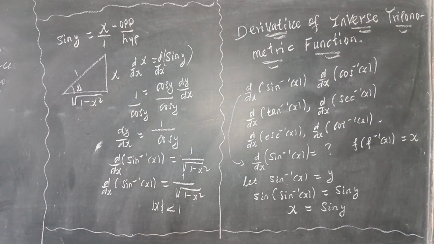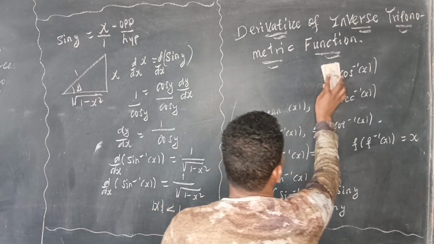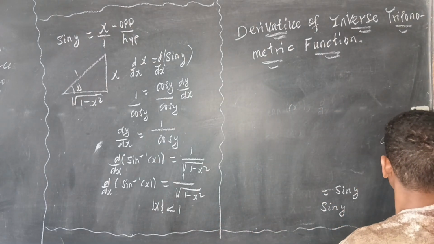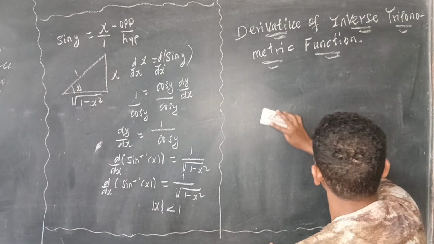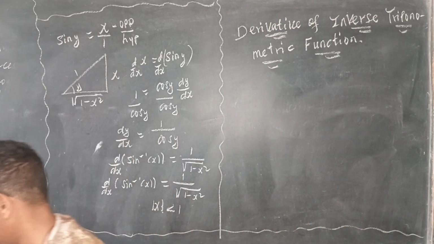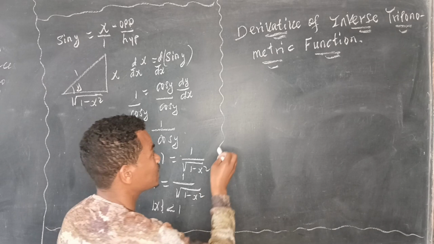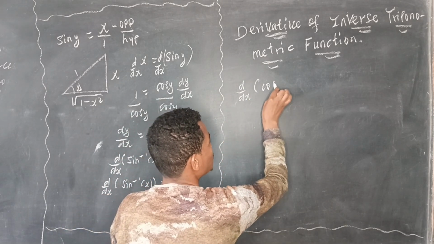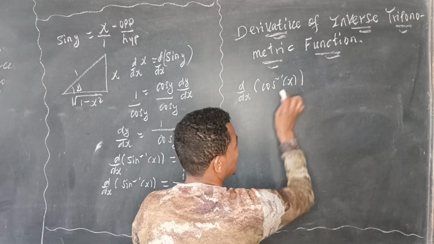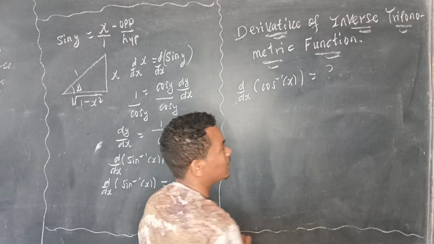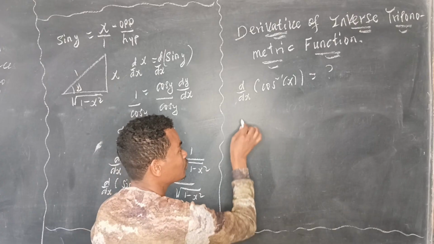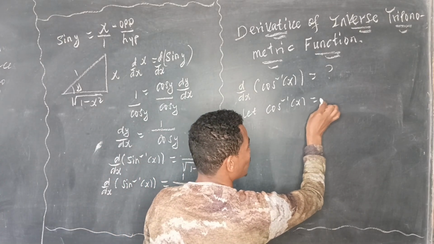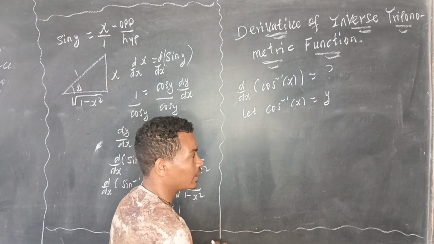Next, the second one: d by dx of cos inverse of x. Again we apply the same technique. Let cos inverse of x be equal to y, and take cos on both sides.